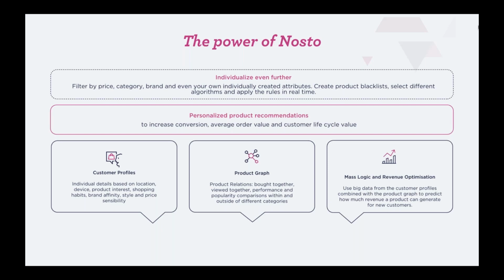And this together with a revenue optimization layer, with customer profiling based on location, device, and affinities and so on, all this is creating the on-site recommendations product that Nosto is offering you today.